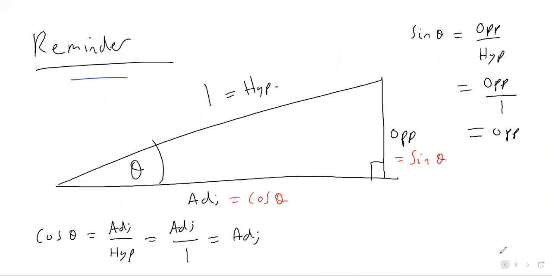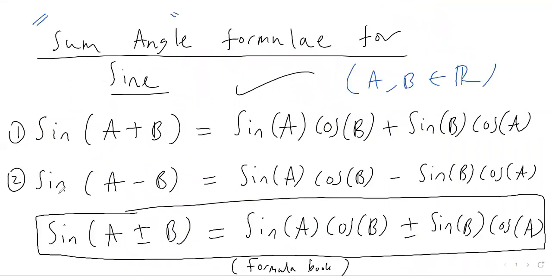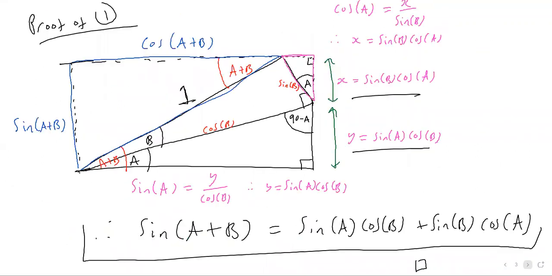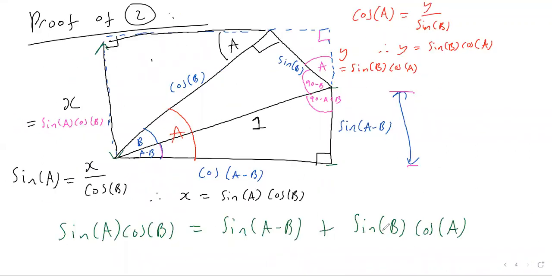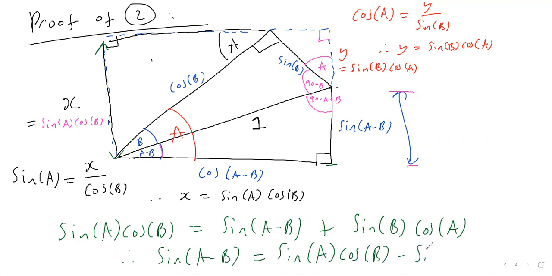And then again, the proof wants us to get sine(A minus B) the subject of the formula. So we're just going to take away this sine B times cos A. So therefore we get sine of (A minus B) is equal to sine of A times cos B, take away sine B times cos A, and that is exactly the formula that we wanted to get.